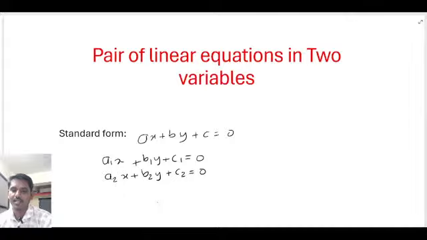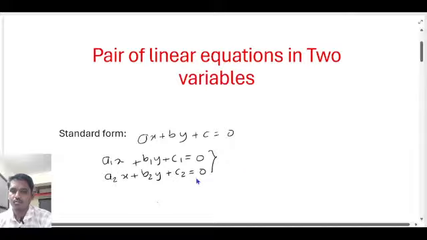So solving them together, we will give the solution of system of equations. So we know that the graph of linear equation in two variables is a straight line.